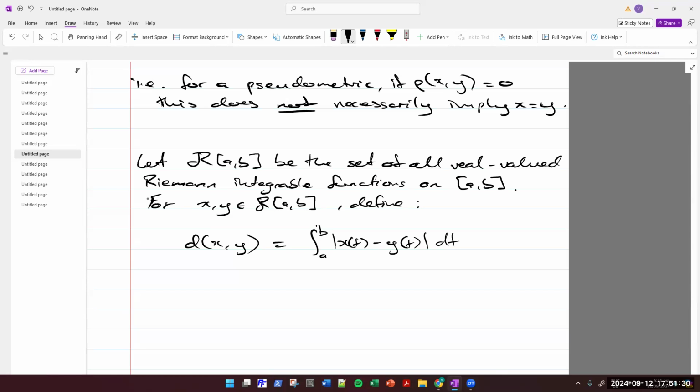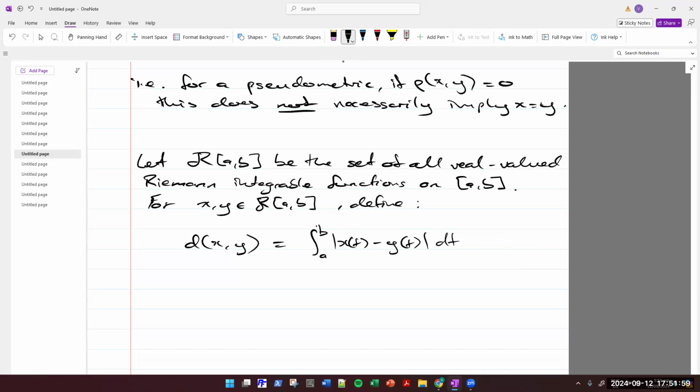And now this thing here might look familiar because this thing is just the D1 metric from the notes, or the L1 norm. So it appears that this thing should be a metric because that's what we learned so far. The problem is that it is a metric on the space of continuous functions.